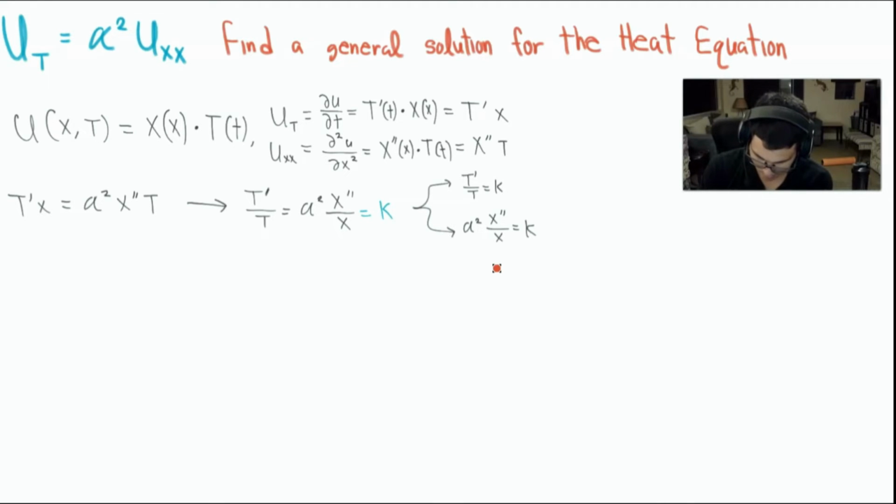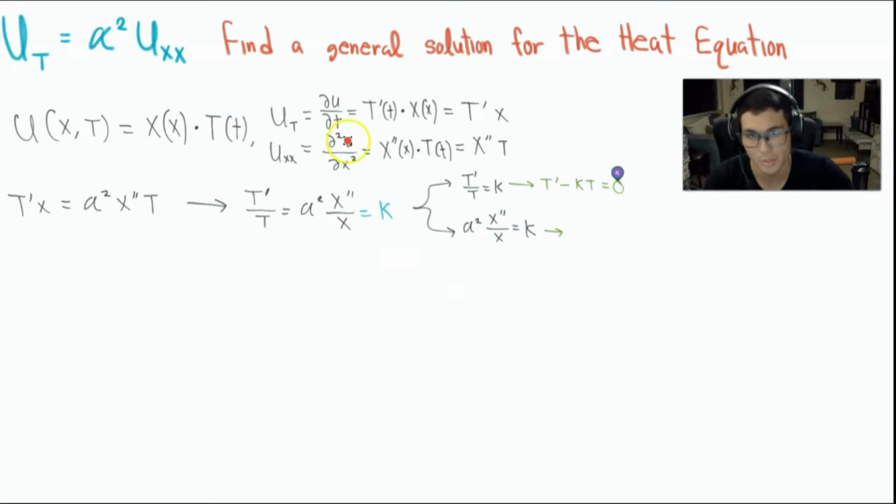Okay, so now let me just write these in green because this is going to be the next big step. So I'll write it as T prime minus kT is equal to 0.